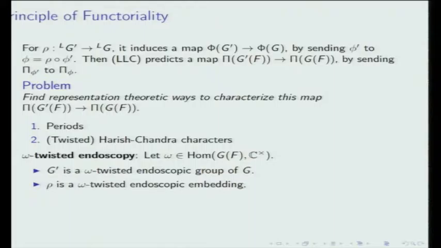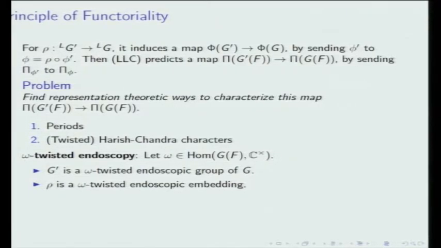So omega is a character, and you can take G to be any quasi-split reductive group, and then in the setup of endoscopy, G prime will be an omega-twisted endoscopic group, and rho is the omega-twisted endoscopic embedding.